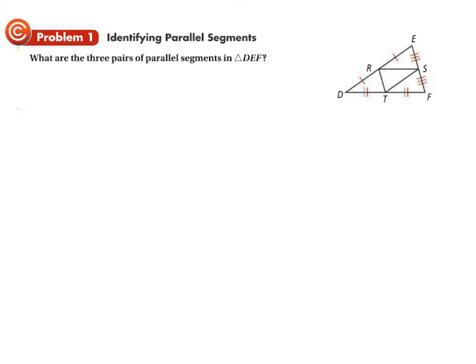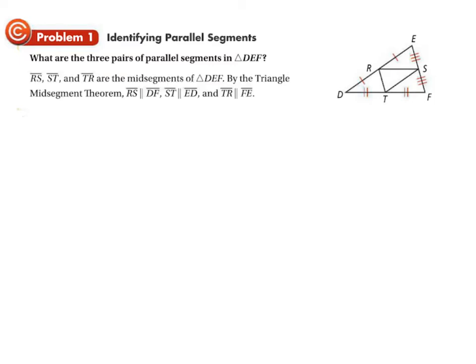All right, now let's identify the parallel segments. What are three pairs of parallel segments in triangle DEF? As you can see, they've put the midpoints of each side and labeled them R, S, and T. So what are the parallel sides?